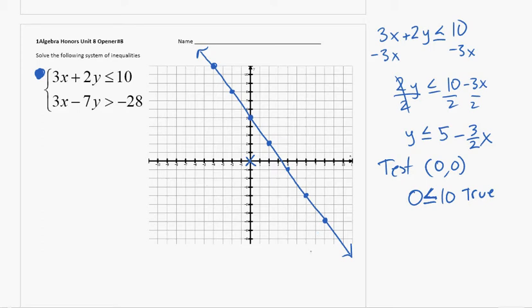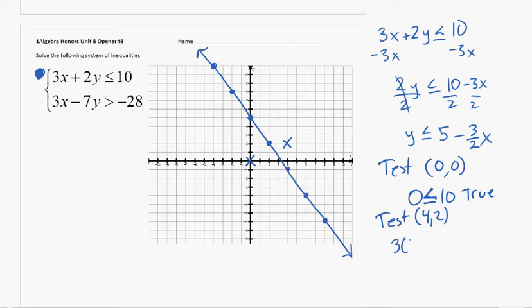Now, just for the heck of it, let's test one of these points on the other side of the line and make sure that it really doesn't work. So I'm going to test this point right here, 4, 2. Again, you can use this form of the equation or this form of the equation. It doesn't matter. I'm just going to use the top one.